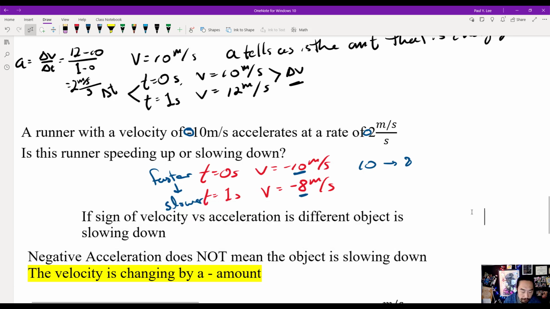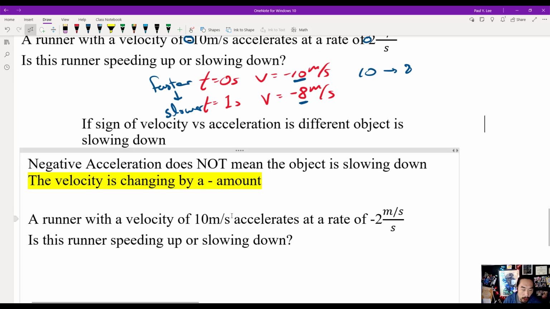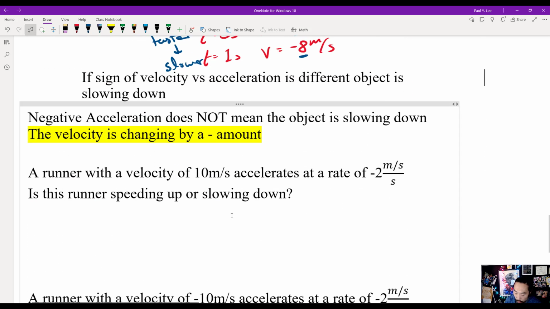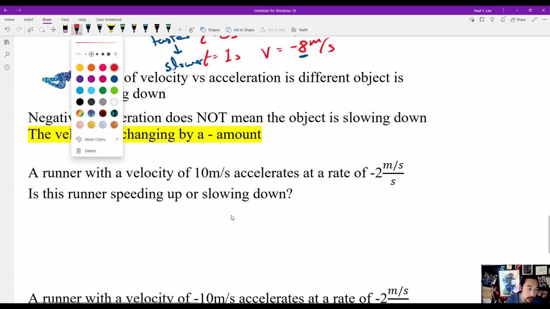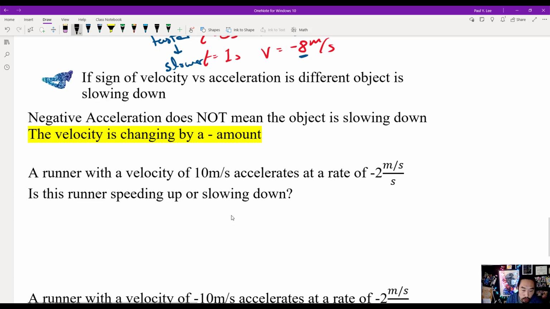Okay, very good. So this example is taking a look at the negative side of things, right? So here we have a positive velocity with a negative acceleration, and according to what I just wrote up here, if the signs are different, it's in fact slowing down. So let's see if the math shows that it's true. So we have an initial velocity at a time of 0 seconds.